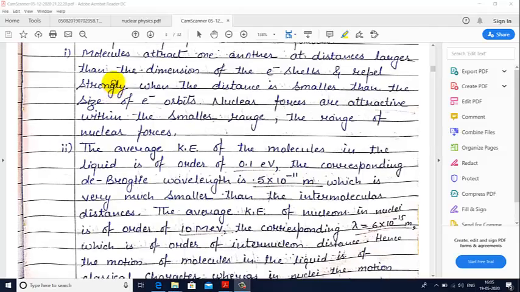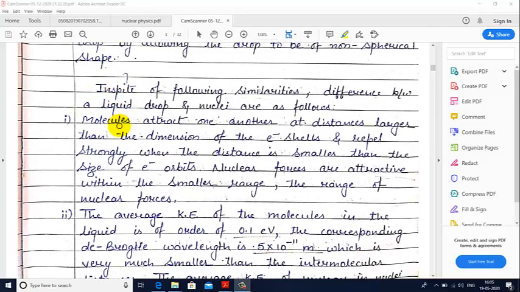Okay, so the first point is, in case of atomic nuclei, there are nuclear forces inside the nuclei which are short range forces and are always attractive in nature.